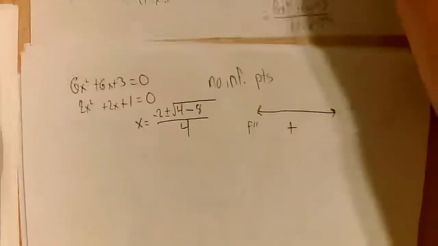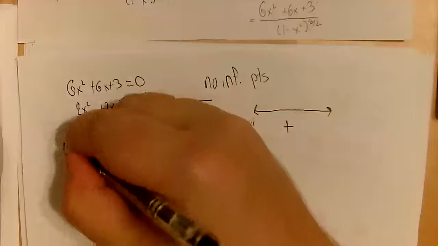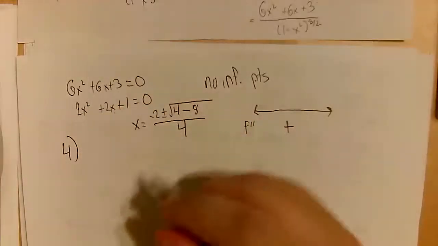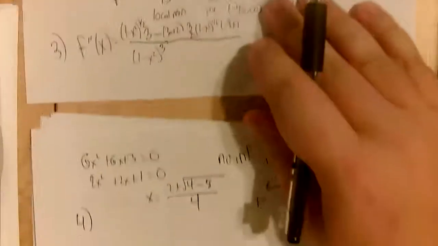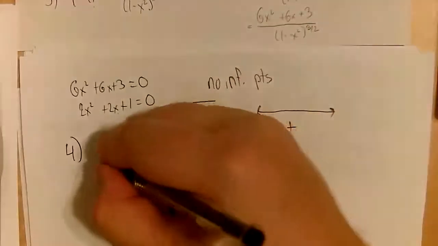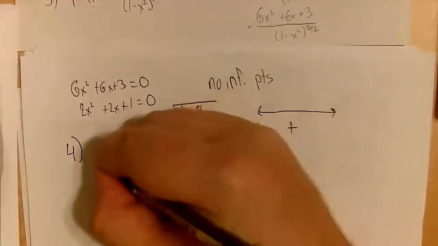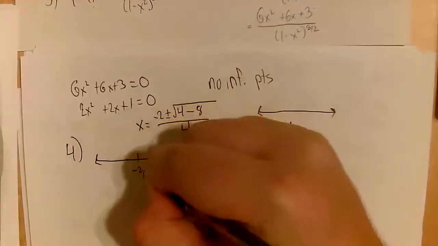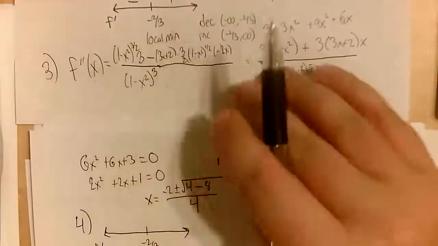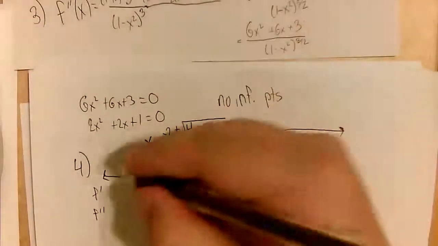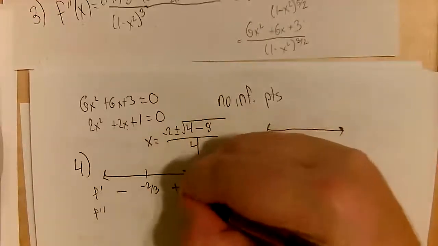All righty. Next, we're going to synthesize our information. Remember, we have one critical point, no inflection point, so this will actually be a rather dull number line. Just going to have negative 2/3 on here. And as we learned earlier, f prime is negative before negative 2/3, positive afterwards.